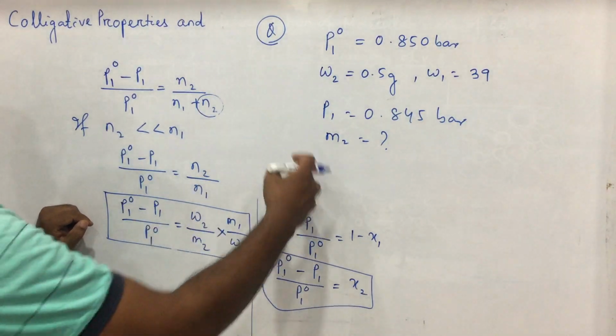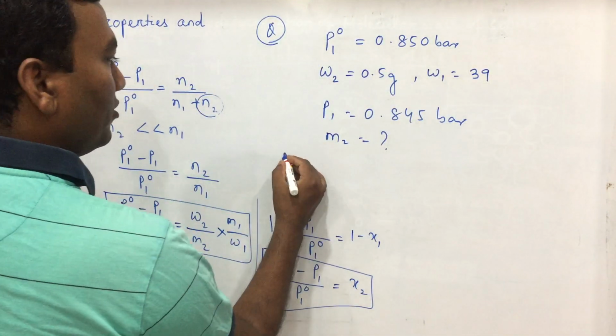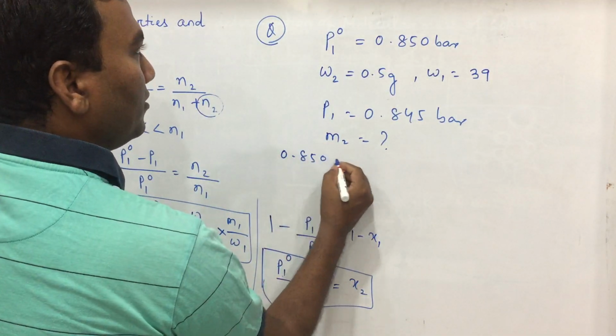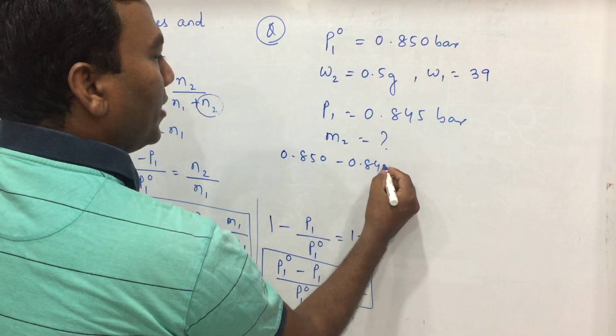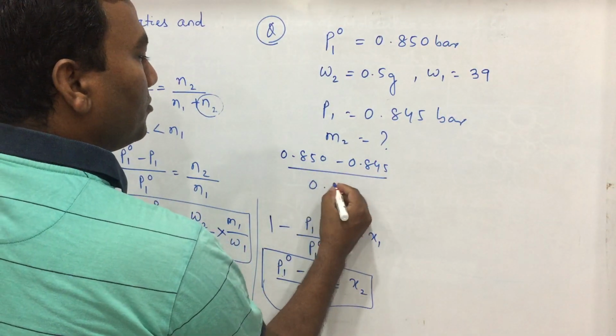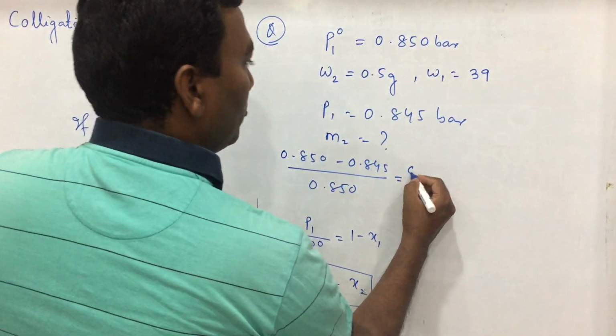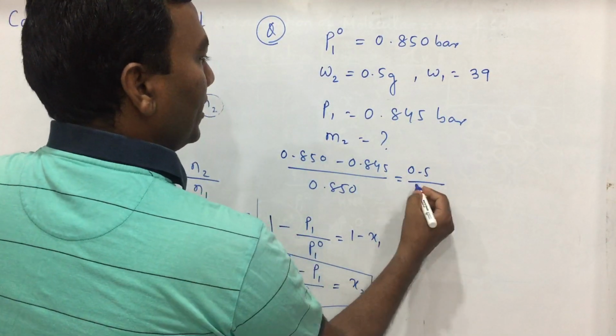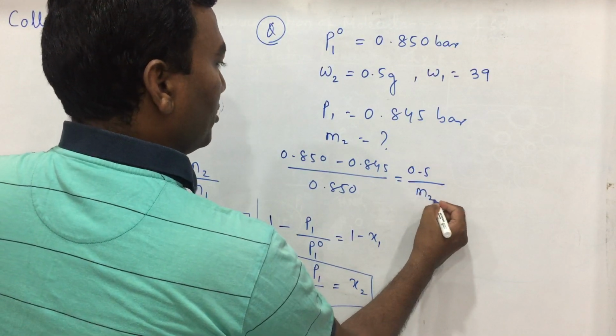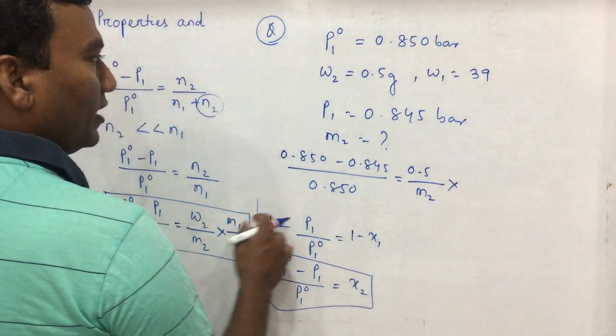If you put the values, P1 naught minus P1, that is 0.850 minus 0.845, by P1 naught 0.850 equals W2 0.5 by M2, the unknown, into M1.